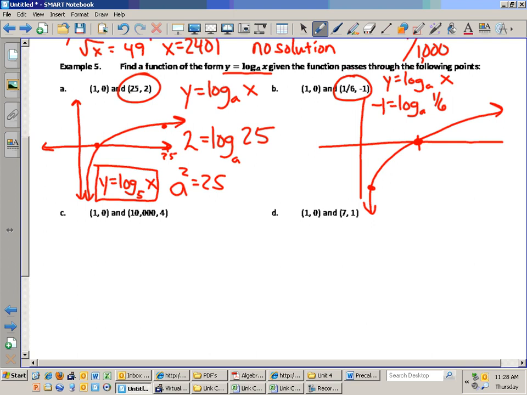So the way I would interpret that would be base a to the -1 power is 1/6. What number do you take to the -1 power to get 1/6? 6. So my equation would then be y equals log base 6 of x.